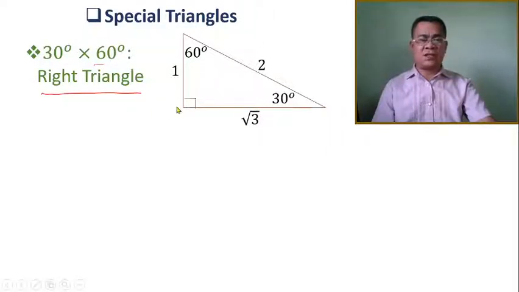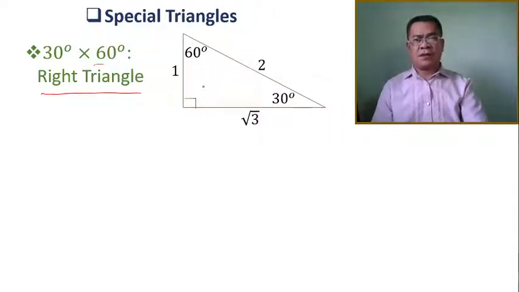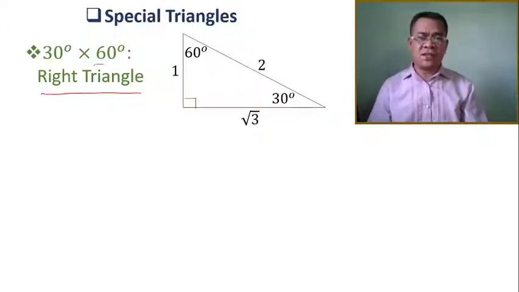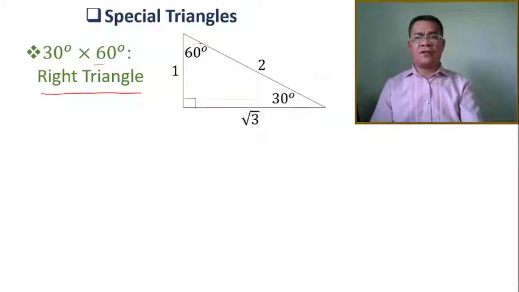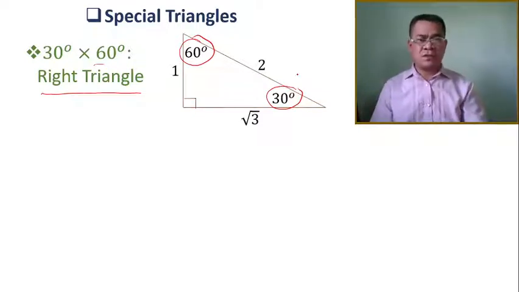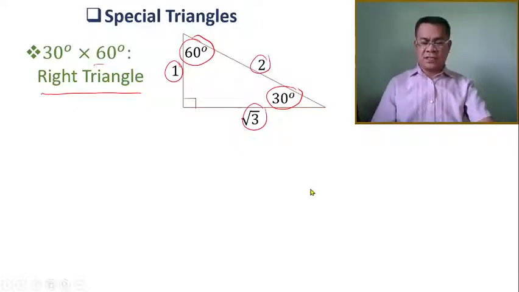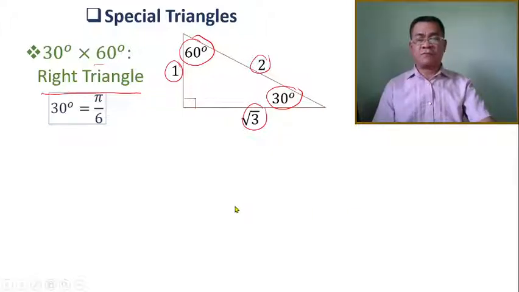So these are the important dimensions for the 30-60 right triangle. Therefore, the 60 degrees must be a special angle, and the 30 degrees is also a special angle. Now using these sides of this triangle, we can find the exact value of the 6 trigonometric functions.